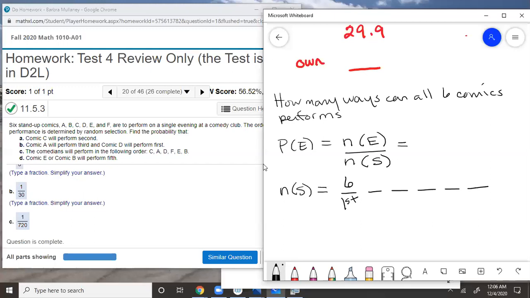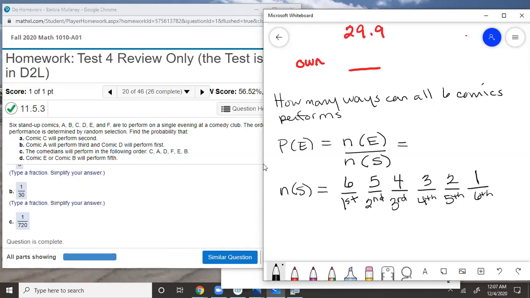Once one of them has performed, we now have 5 comics left to choose from. So I am breaking each of these 6 acts down into these tasks. And then once a comic has performed, we have 4 left to choose from, then 3, then 2, then 1, and we always end up with 1 for the last one to perform.